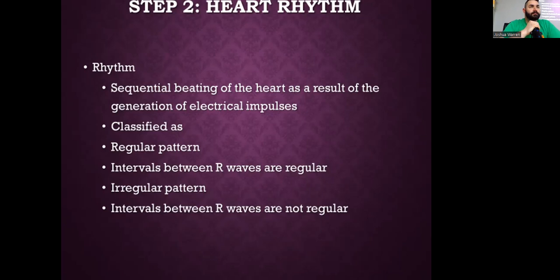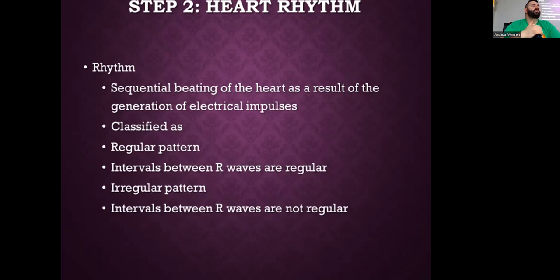You want an example? Every other beat produces a PVC. So normal rhythm, PVC. Normal rhythm, PVC. That's called ventricular bigeminy. It's irregular, but it's patterned. It's regularly irregular. You can pattern it. That makes sense?